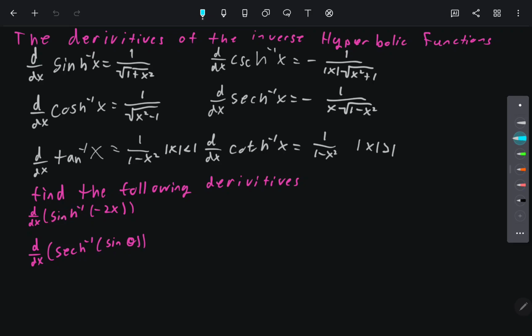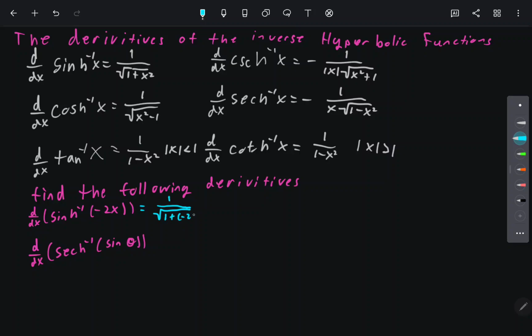So we have the hyperbolic sine inverse of negative 2x. So this is a chain rule derivative. We start with taking the derivative of the outside function. So we get 1 over the square root of 1 plus, remember, this isn't an x squared if there's an argument in there.